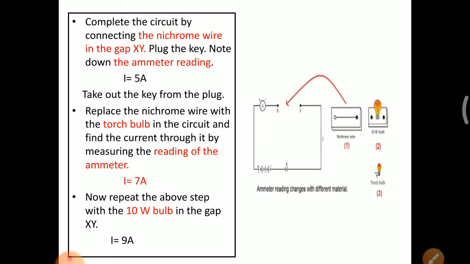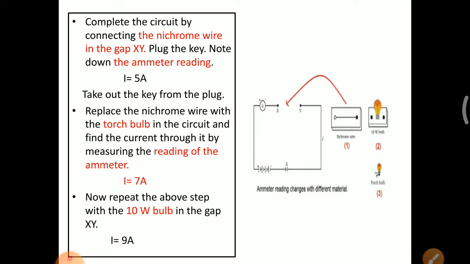So from this we can say that the current value is different for different materials. Nichrome is one material, the torch bulb is some other material, and the 10-volt bulb is some other material.